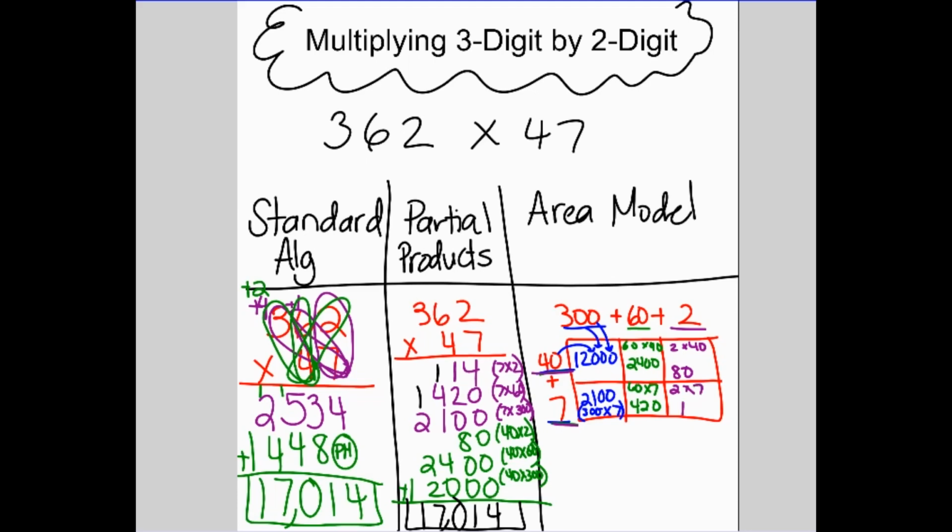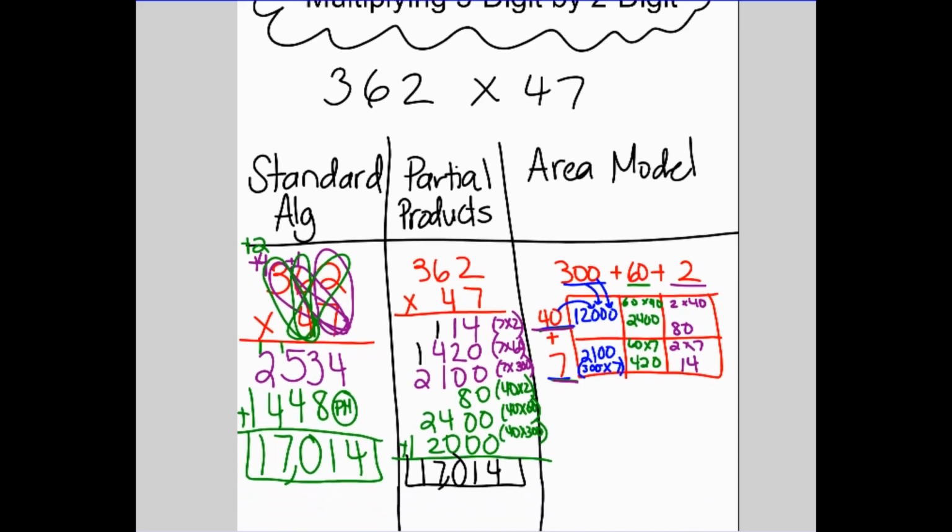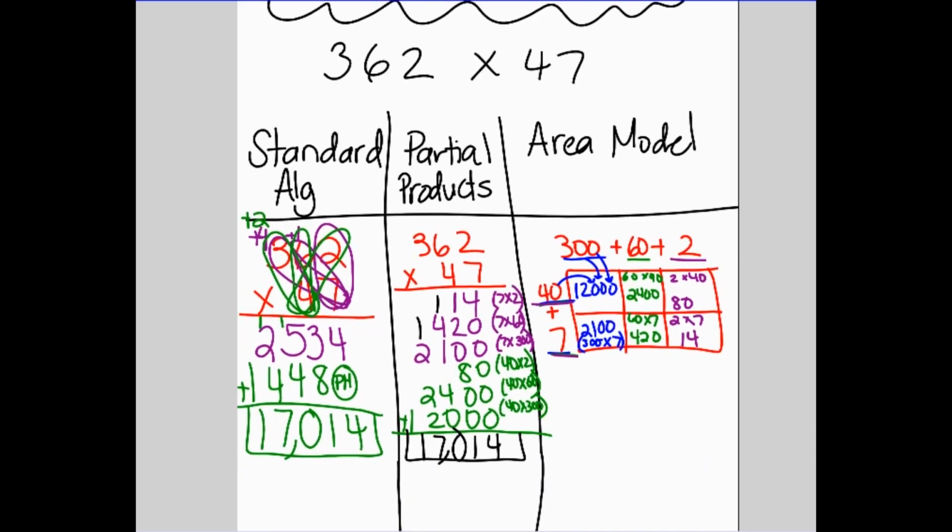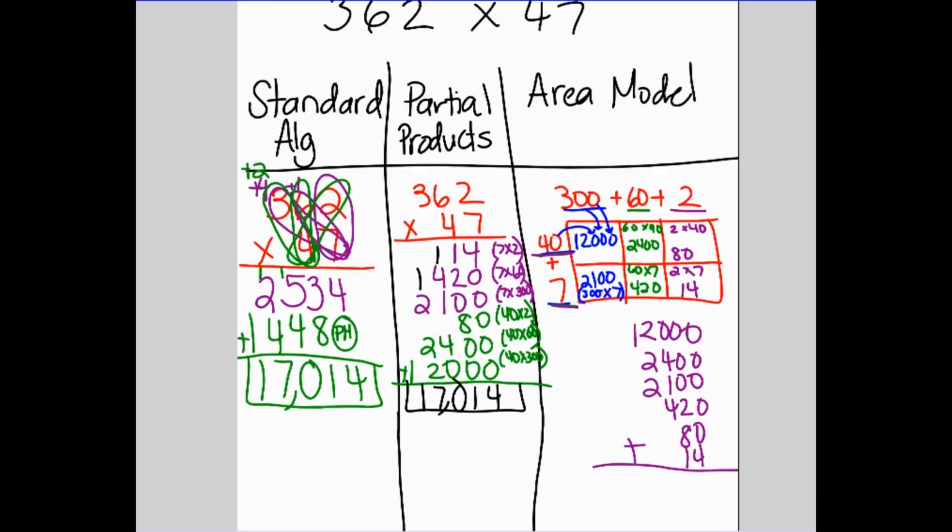That is going to be 14, no zeros attached. Now all we have to do is add these up. So I'm going to scroll down a little bit so I have some space. And I'll start with my 12,000. Then I'll go to the 2,400, 2,100, 420, 80, 14.